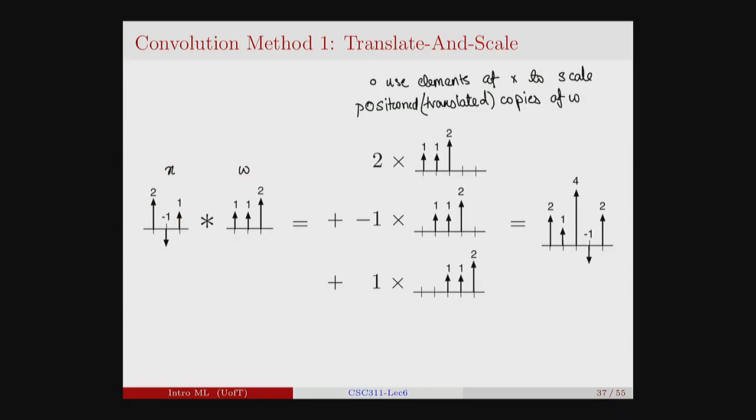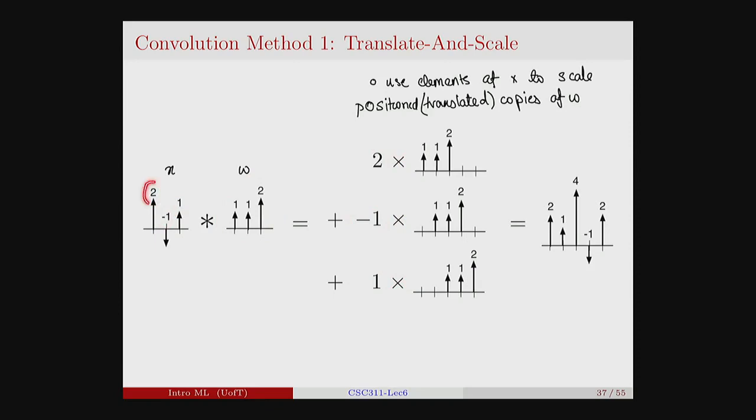I'm going to use elements of X to scale, which means to multiply, positioned or translated copies of W. That means I'm going to take W, copy it, and put it in the position of the element of X that I'm scaling W by.